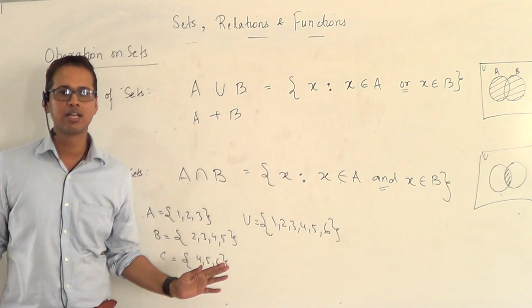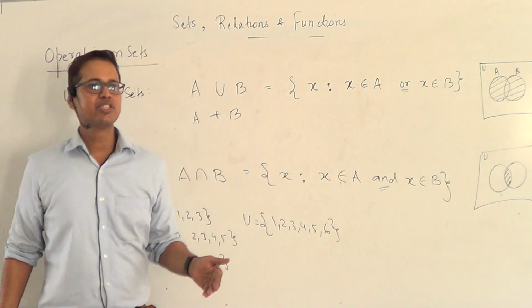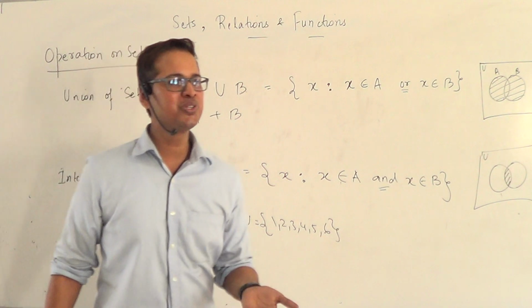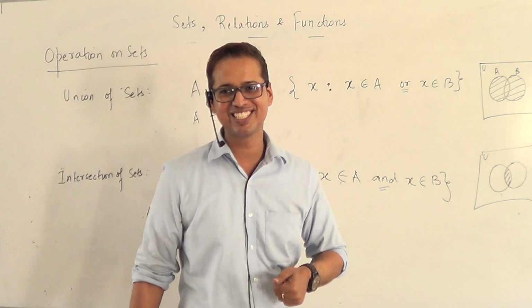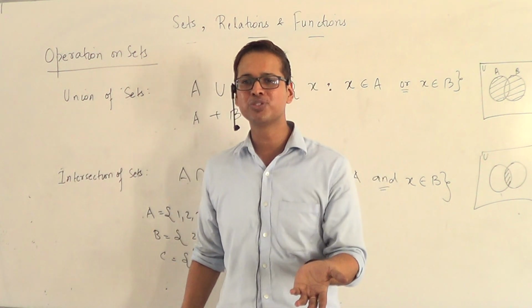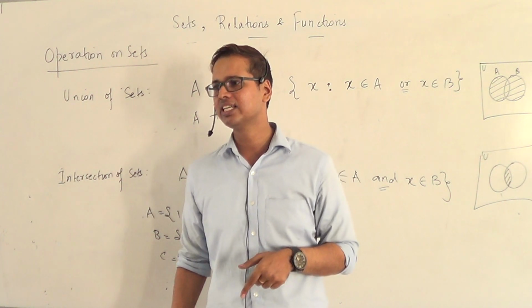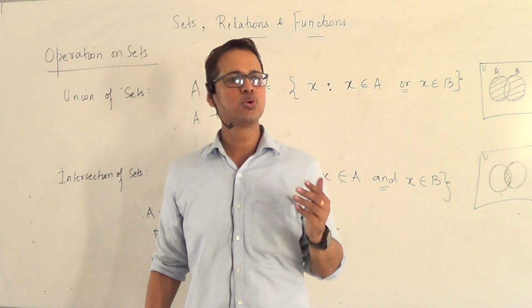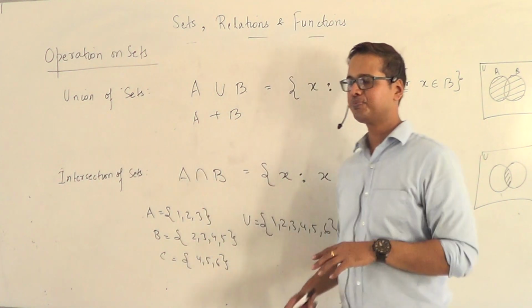So it should be as small as possible, only including 1, 2, 3, 4, 5, 6. If everybody defines their own universal set, I will have different answers for the complement. So either the universal set should be defined by the person giving the problem, or if you have to choose one, it should only contain elements in the sets given in the problem.